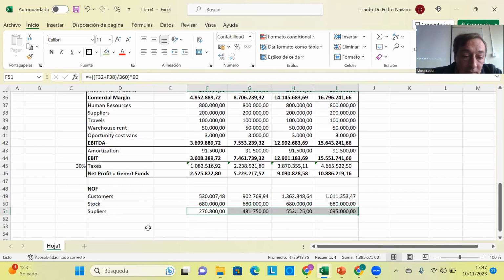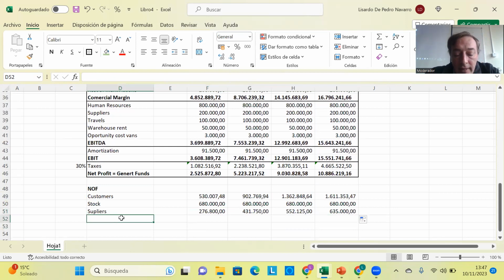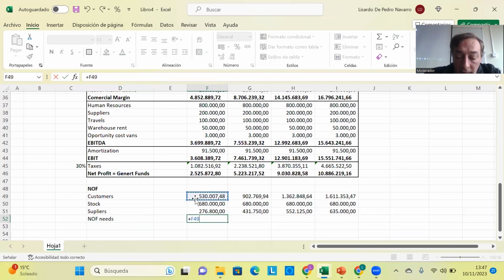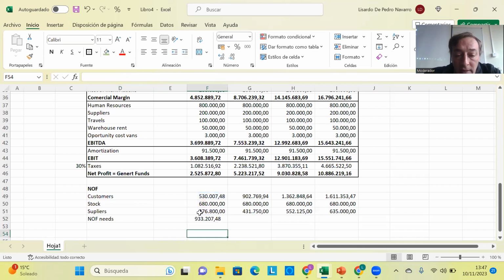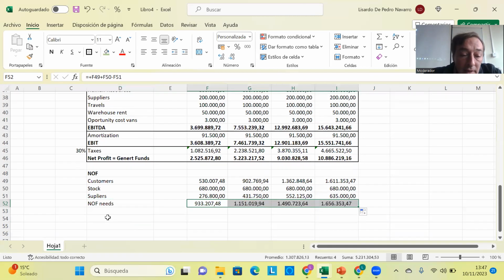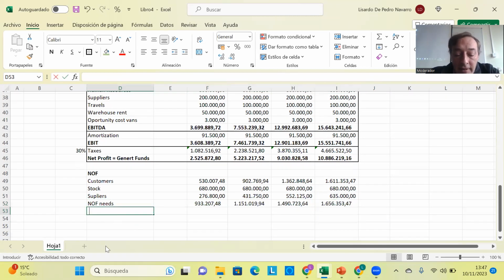So in order to calculate the NOF needs of every year, we take the customers plus the stock less the suppliers. This is the money that we need for every year. So the investment in NOF is going to be only the difference.